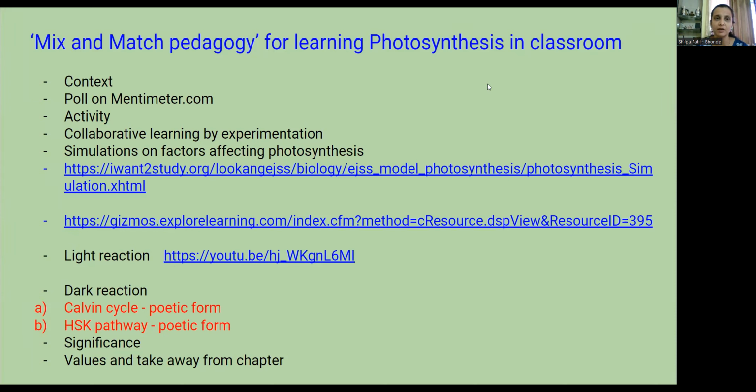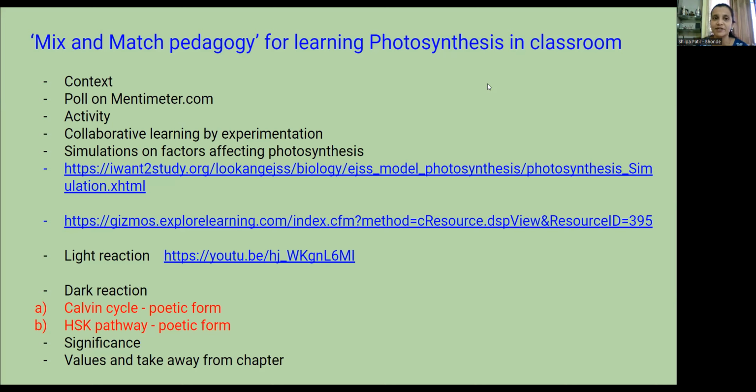That's why the name is mix and match. With reference to a topic or a unit, we can decide and plan which different innovative pedagogies we can use. Of course, this will vary from topic to topic and unit to unit.